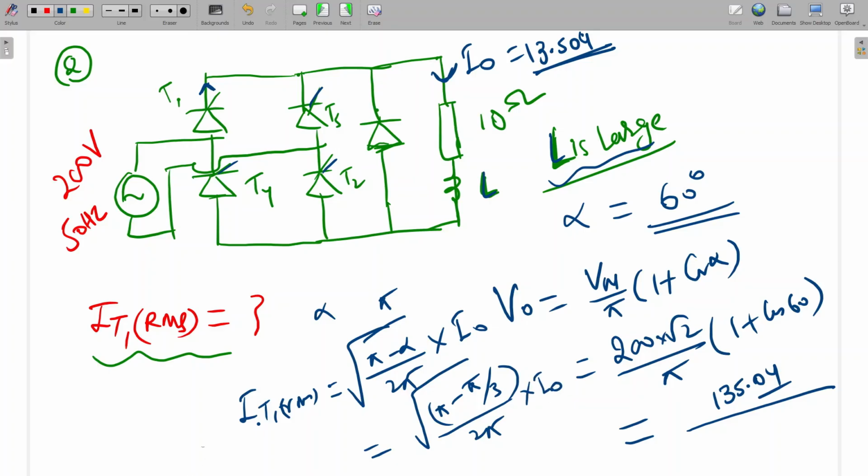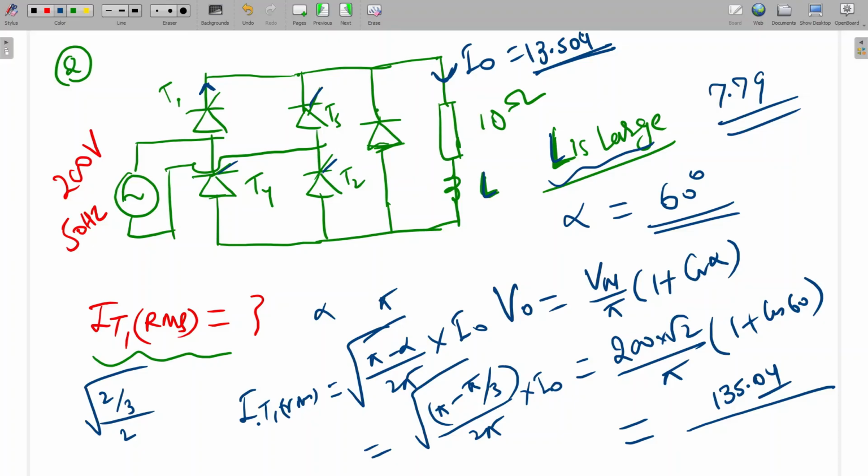Can anyone calculate this value? 3 pi means 2 pi by 3. Root of 2 by 3 into I naught gives 7.79 amps. Everyone is getting the same? Yes, sir. So this will be the RMS current.